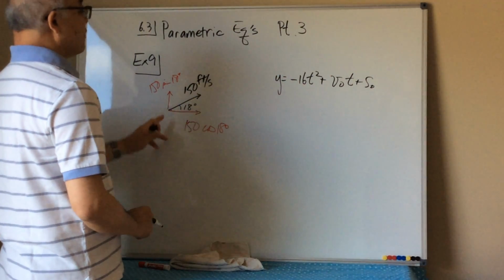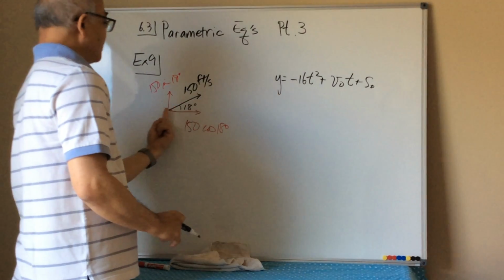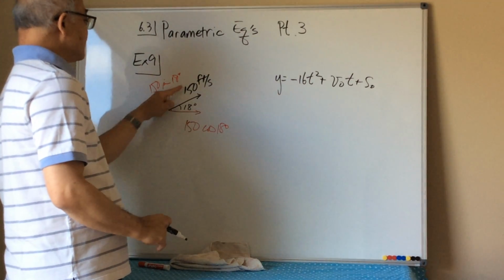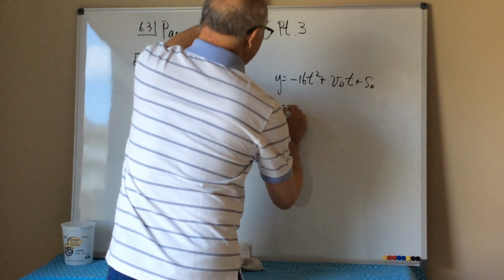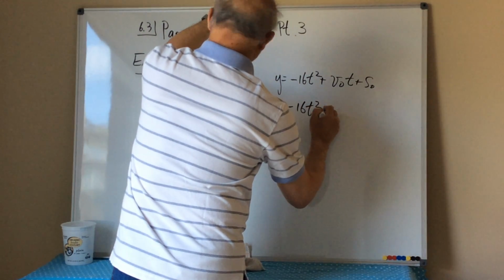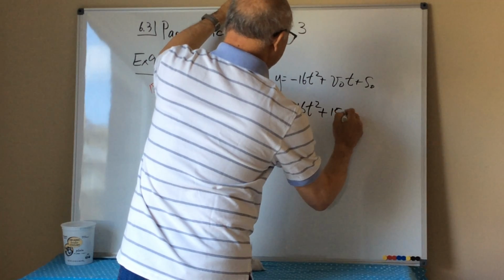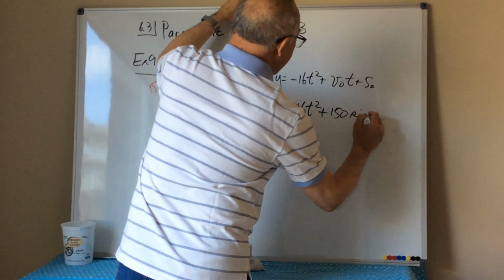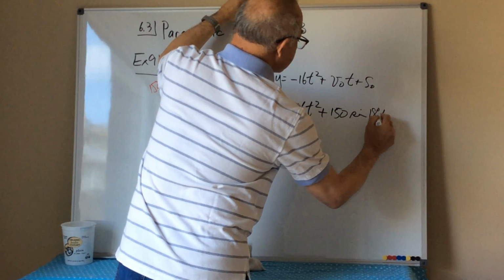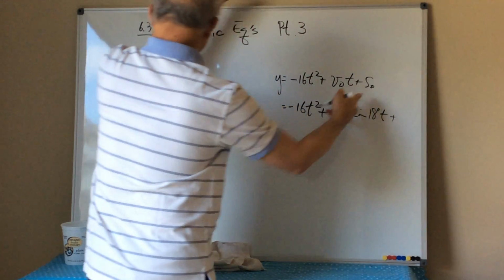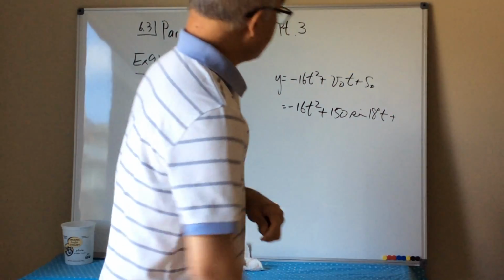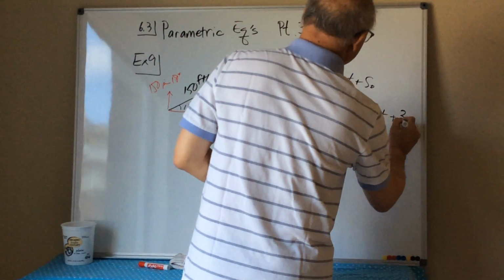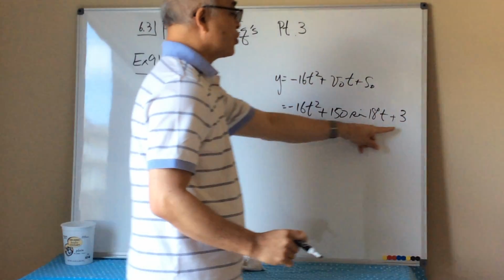In here, the v naught in the y direction, the initial velocity, is this guy here. So this becomes negative 16t squared plus 150 sine 18 degrees t plus the initial height. The initial height was 3 feet, so 3. So in the y direction, this is what it's going to look like.